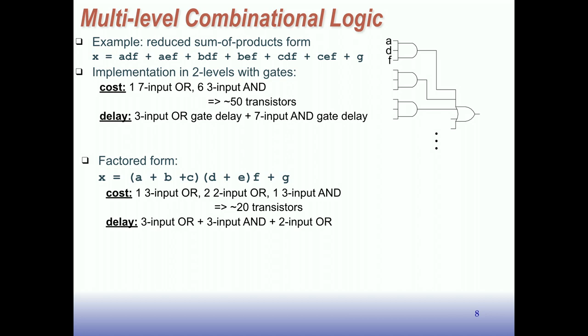So this implementation would look more like this, where we have these 3-input ORs to implement these terms. Those get ANDed together, and then we OR in G here. Right? So if you count up all the transistors here, this is more like 20 transistors. So it's actually significantly simpler and smaller than this implementation up here.